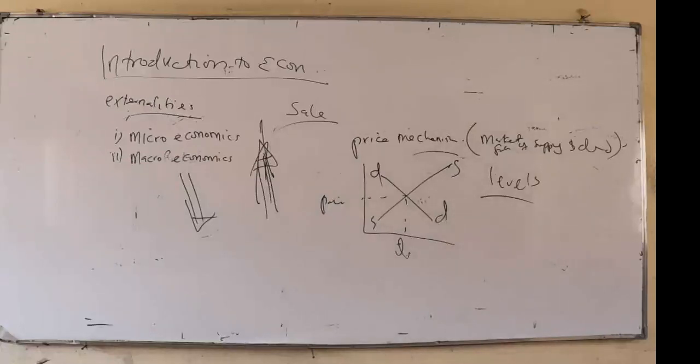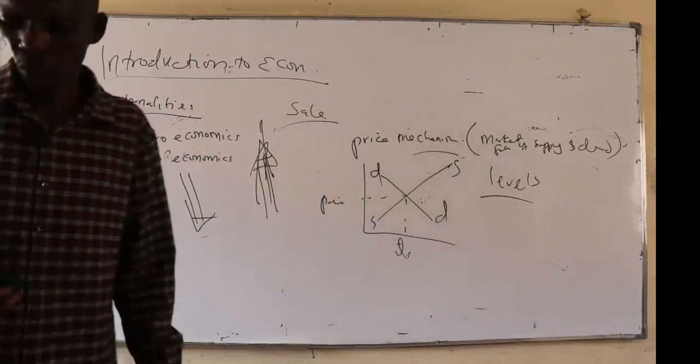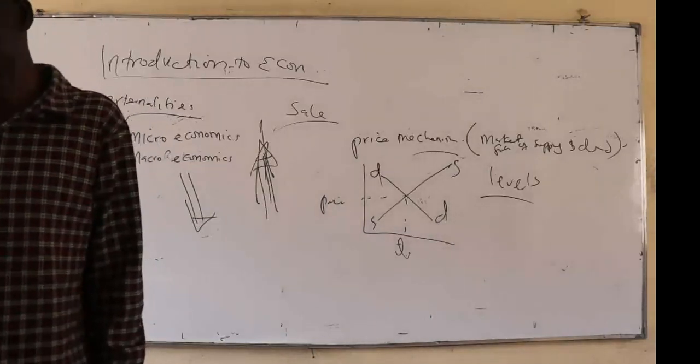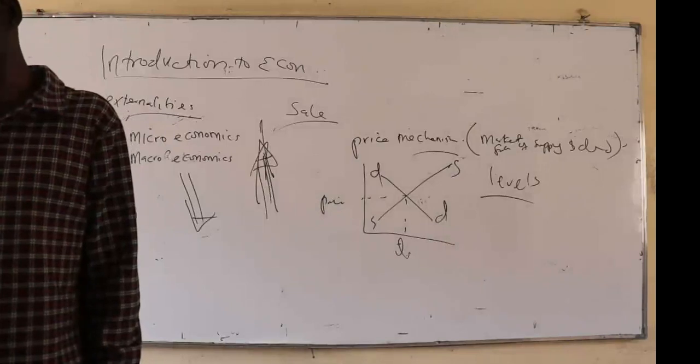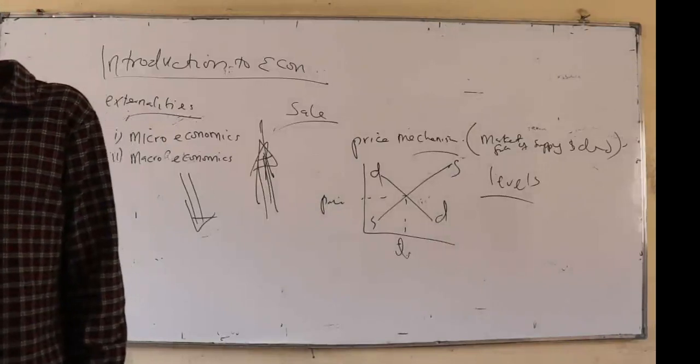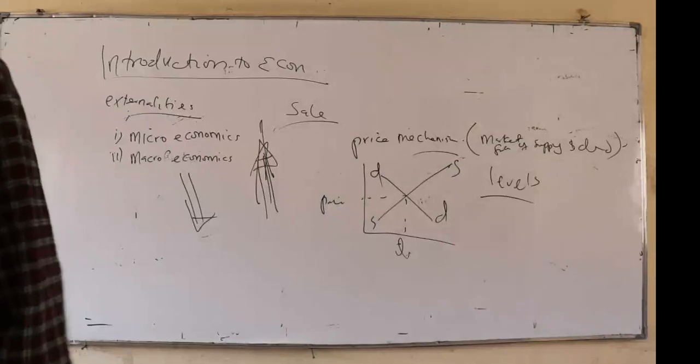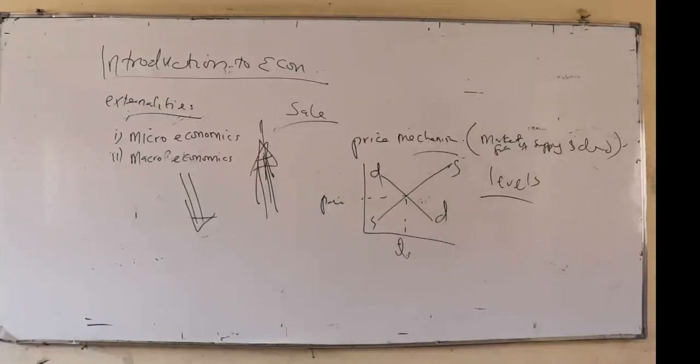So externalities refer to social costs and benefits which are not taken into consideration by firms when determining the price levels, e.g. pollution by firms in the society.